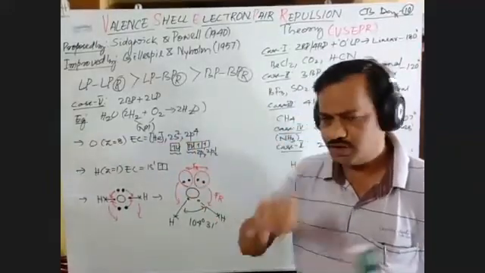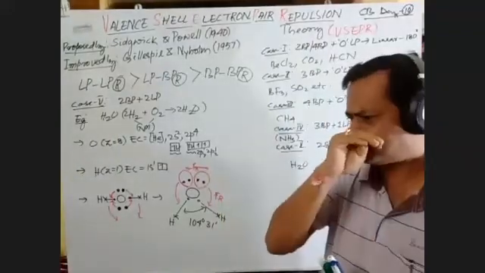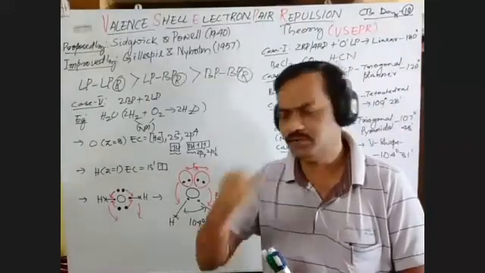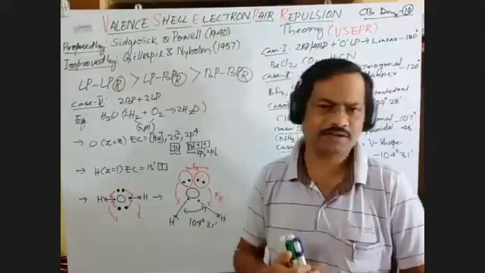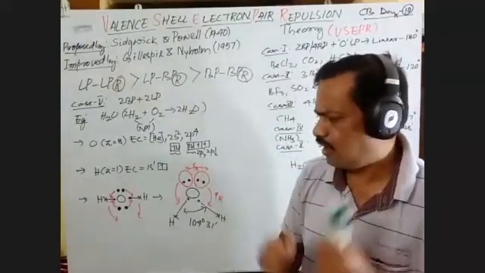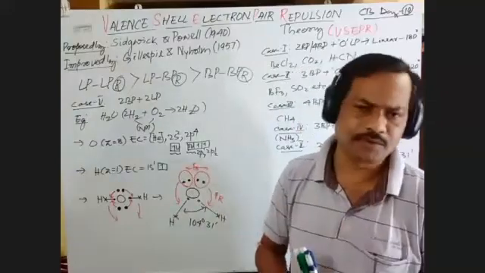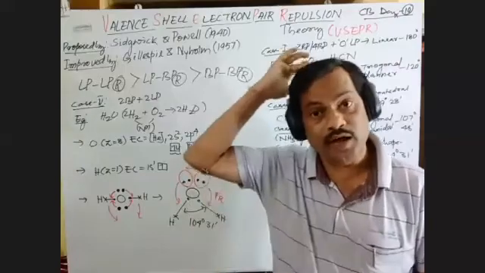That's why it could not explain bond energy and bond strength. It could not explain bond length, bond energy, and the electronic nature of a covalent compound. Electronic nature means, like in the water molecule, the polar covalent bond.